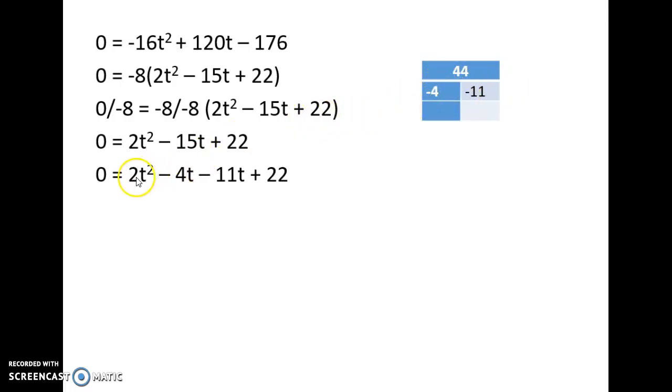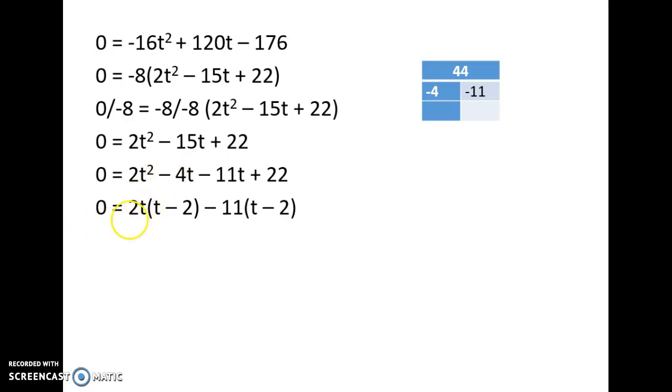So if I take a look at the first two terms, they have a common factor of 2t. And when I take a look at the second two terms, they have a common factor of -11. And notice how I actually factor out not just 11, but -11. And also, it's not a bad idea at this point to double check by using the distributive property.